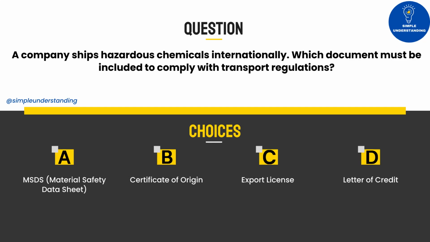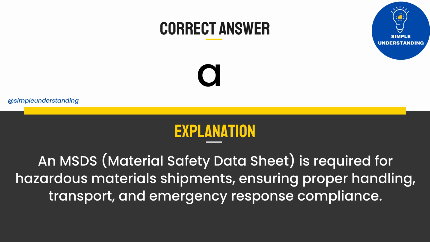3. A company ships hazardous chemicals internationally. Which document must be included to comply with transport regulations? A. MSDS, Materials Safety Data Sheet. B. Certificate of Origin. C. Export License. D. Letter of Credit. Correct answer: A. MSDS, Materials Safety Data Sheet.